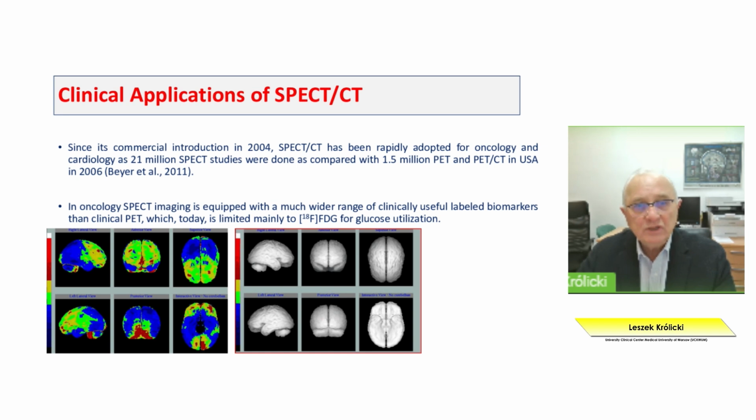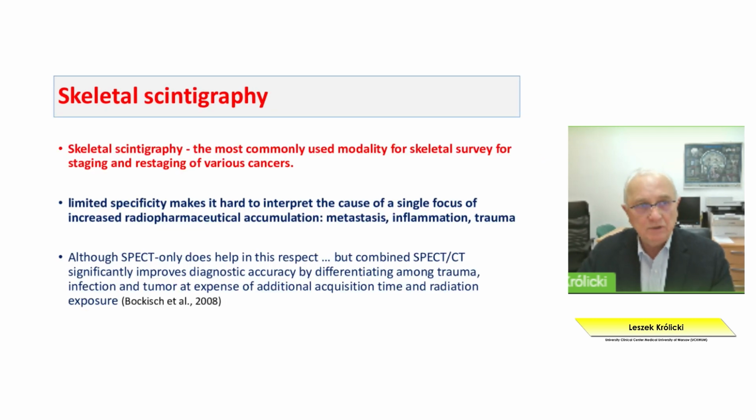So let us speak about the differences between these two concepts. So actually the first application is to be found in oncology and neurology. Today, radiology without hybrid imaging seems hard to be imagined. The first example is a skeletal scintigraphy. So this is the commonly used examination, which is very sensitive.